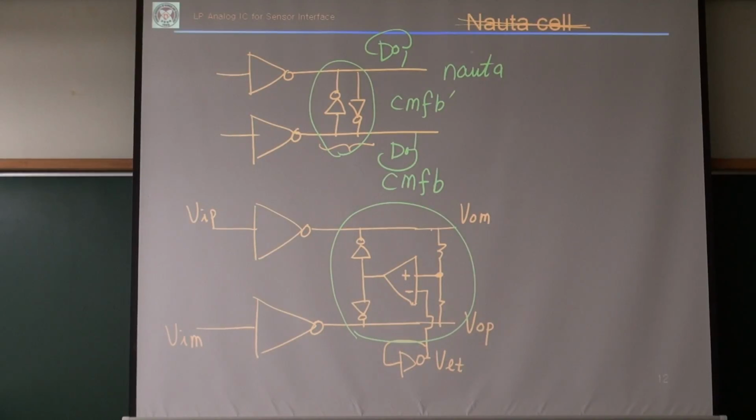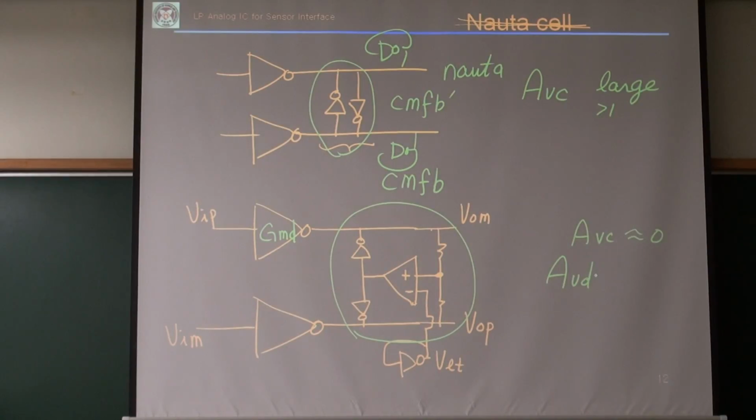So in the nota cell, common mode gain is pretty large. It can be larger than 1. Okay, that's no good. But in this game, my common mode voltage gain can be pretty small. Then let's just see, what is my differential mode gain?